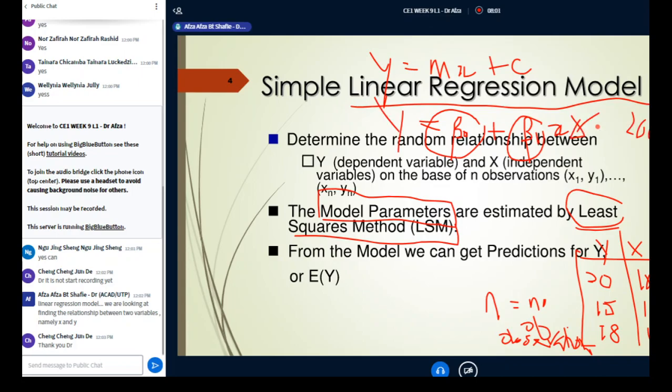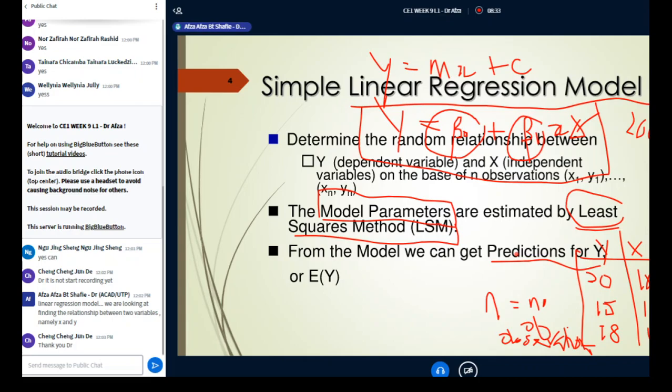So we want to get the prediction for Y, or sometimes we call it the expected value of Y. What would be our expected value if we are given a certain value of X to get the value of Y? So this is the whole point of the regression model. We want to obtain this equation, hoping that after we have it, we can make predictions, or we can estimate certain values.